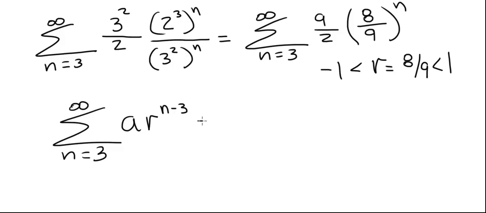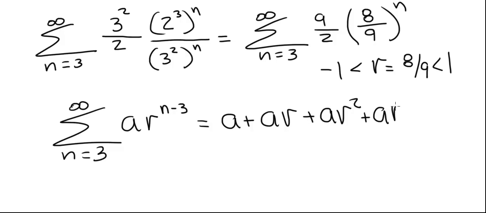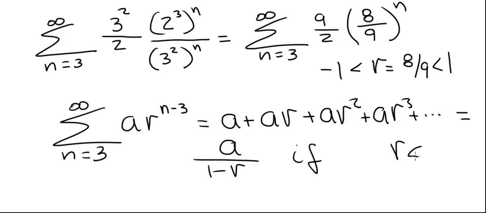So that when n is 3 we get a, when n is 4 we get a times r, when n is 5 we get ar squared, plus ar cubed, and so on. And this will converge to a divided by 1 minus r, provided that r is less than 1 and greater than minus 1.